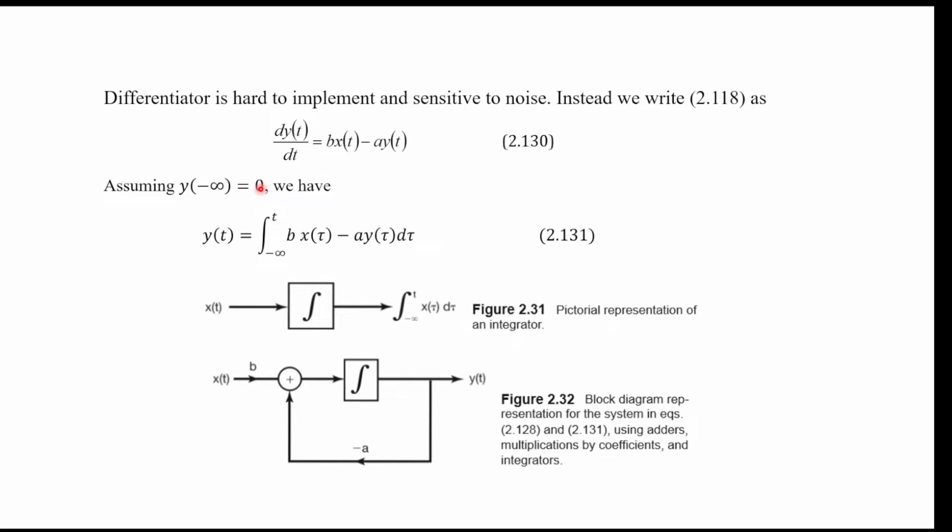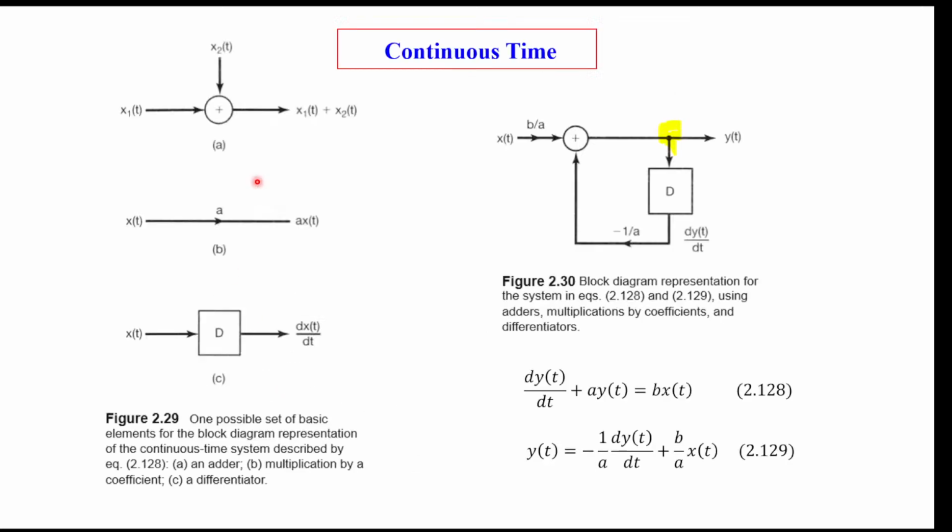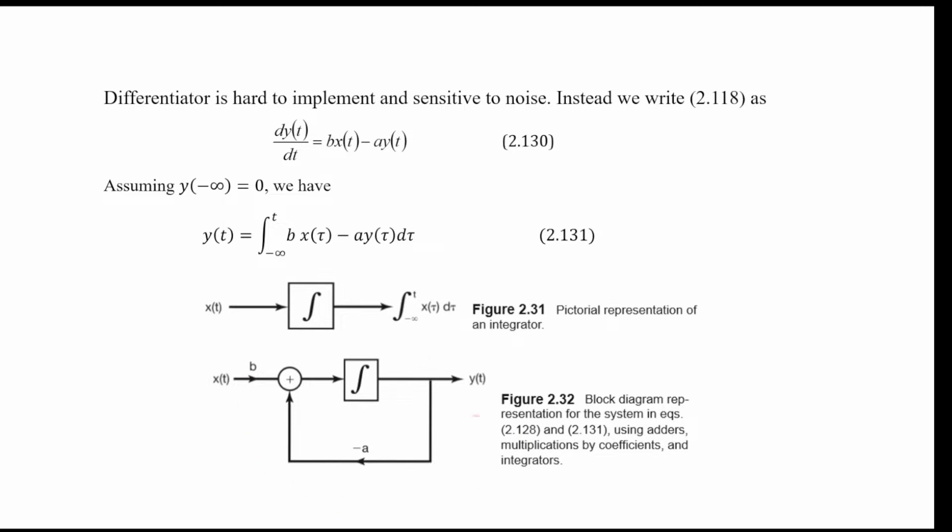So instead of this, we want to run our system with this feedback loop, and let's check that this is the same as this equation. The output is y(t), and there will be integration of the summation of two things: minus ay(t), and then plus bx.